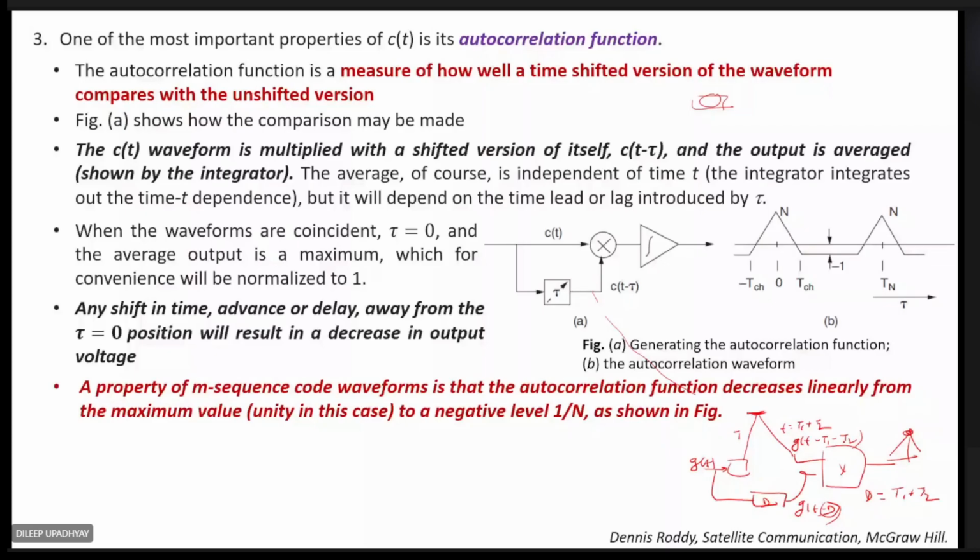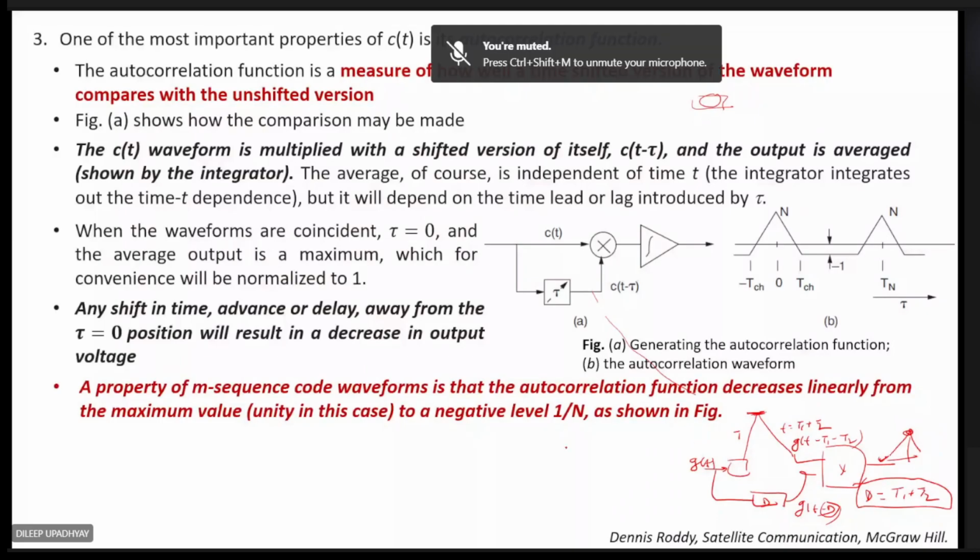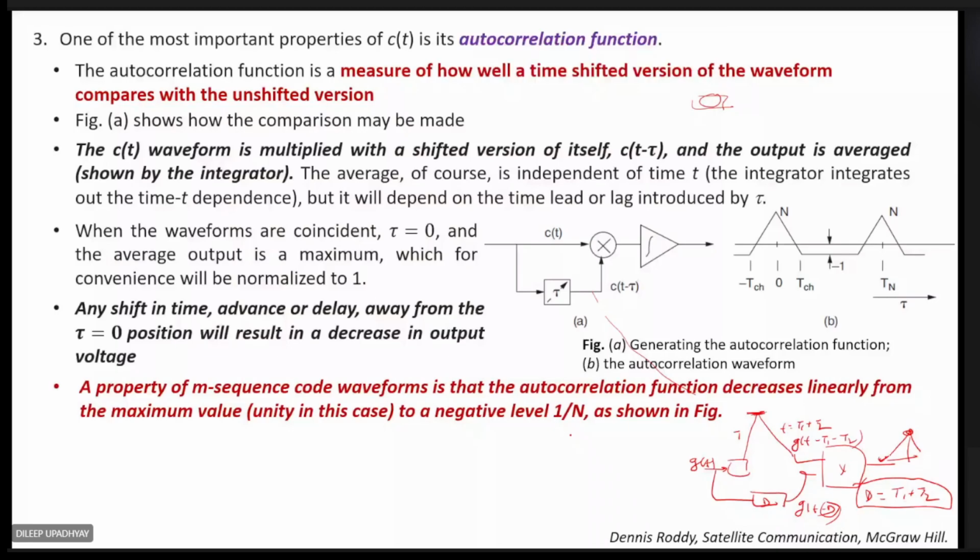So once d is equal to T1 plus T2, at that point we will be getting the maximum autocorrelation value, and considering that, we know that any signal we transmit in free space, if it is an electromagnetic signal, a high frequency signal, travels with the speed of light, approximately c.